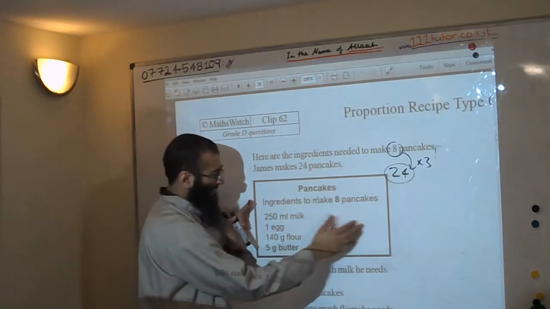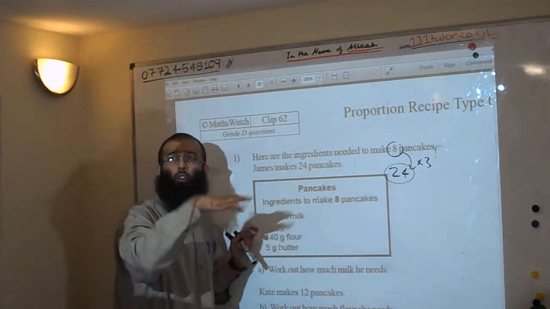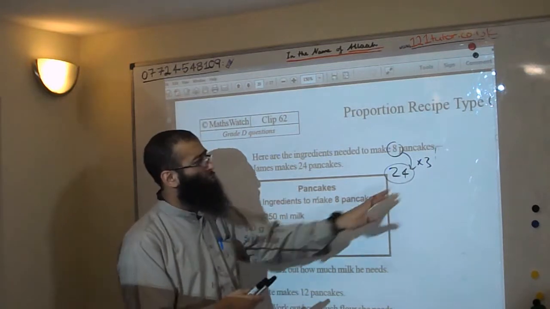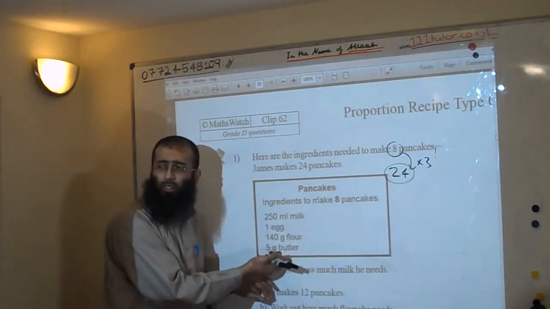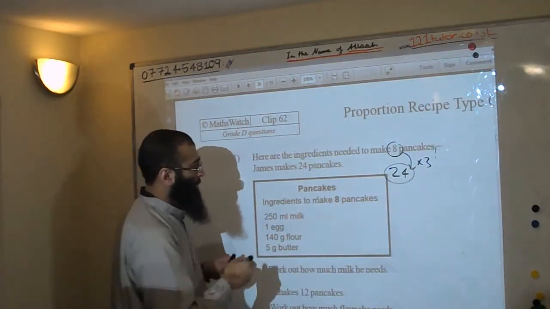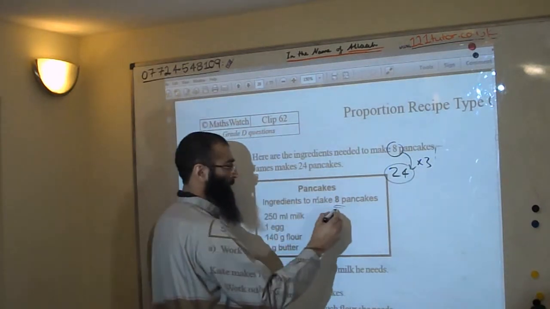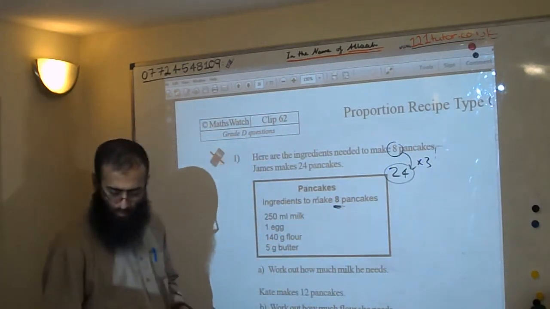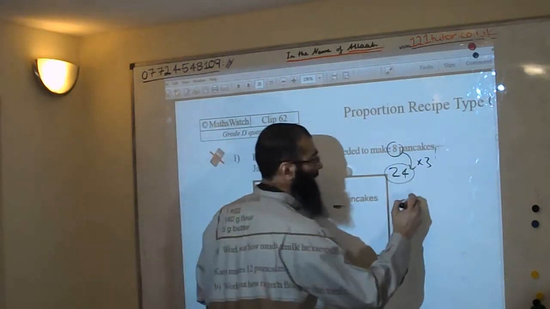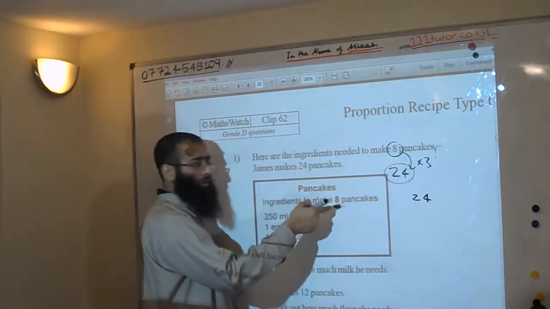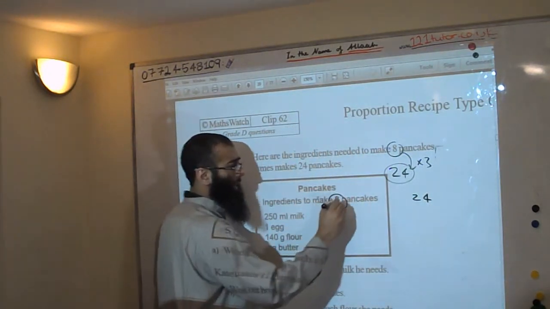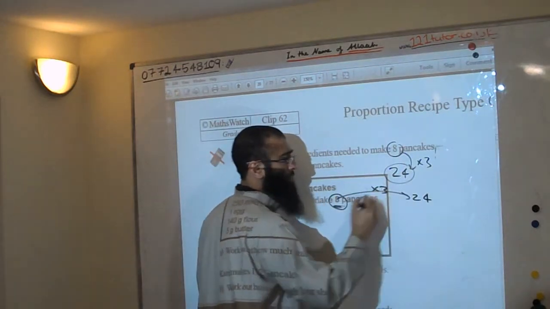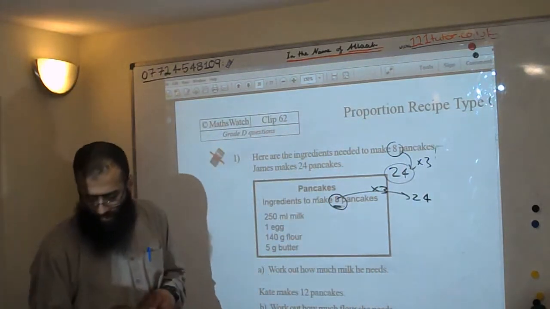So if this is the ingredients for 8 pancakes and you want to make triple the number of pancakes, then you have to use triple the number of ingredients. So this is for 8, and we now need to make 24. So to get from 8 ingredients to 24, we times by 3.